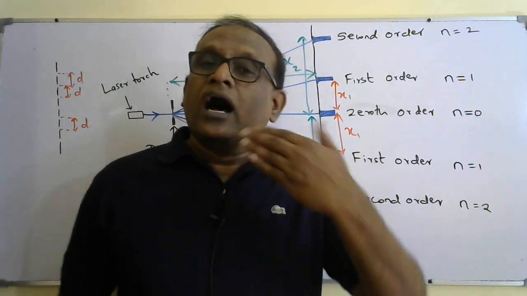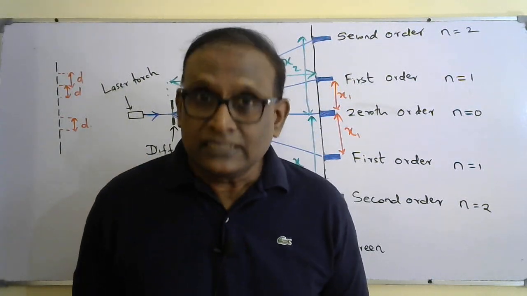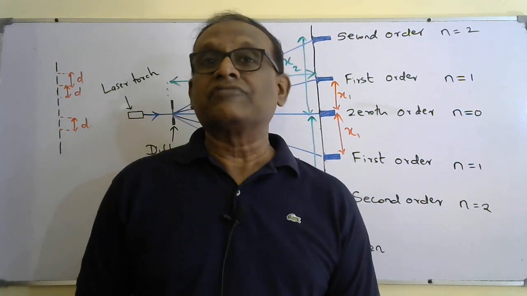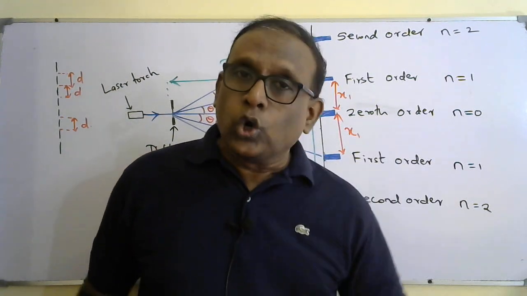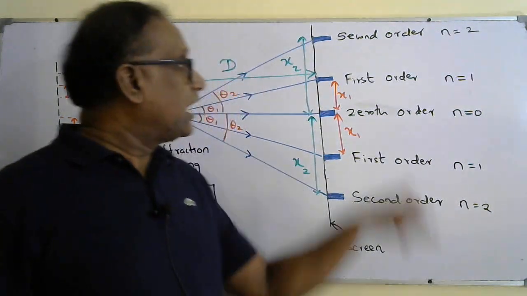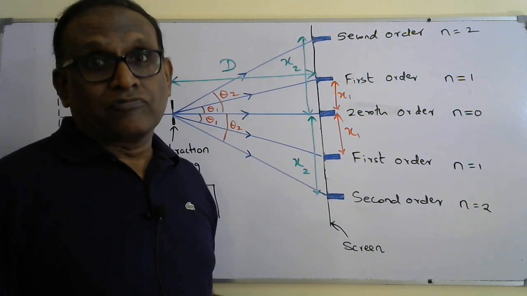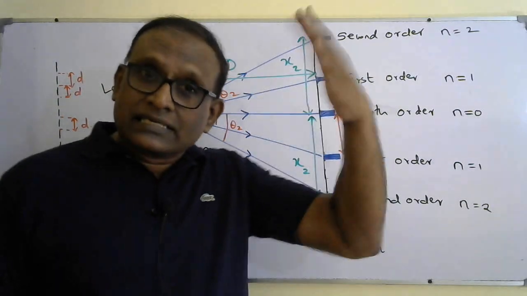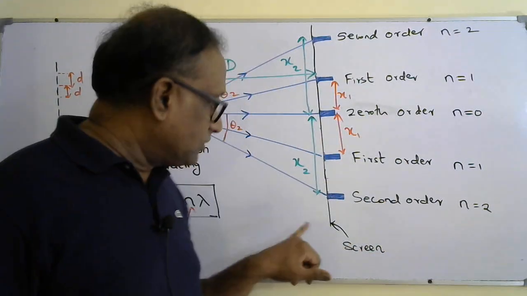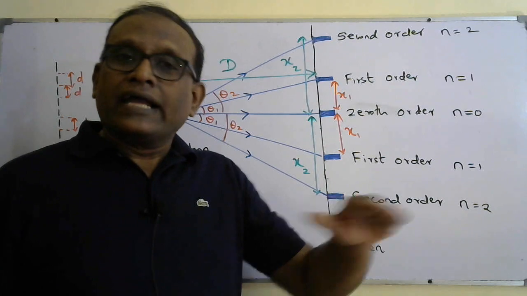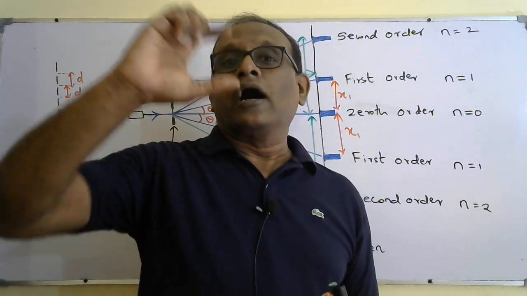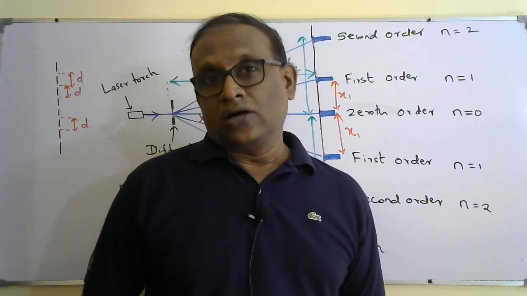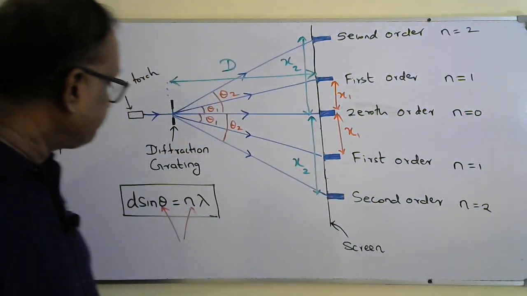If you are using white light, it consists of 7 colors, 7 different wavelengths. So each and every wavelength will follow its own diffraction and create its own fringes on the screen. I'll tell about that later. When white light is used, each wavelength will form its own bright fringes on the screen, right?